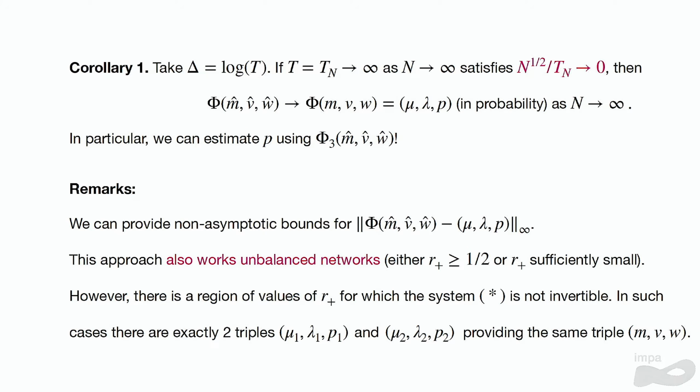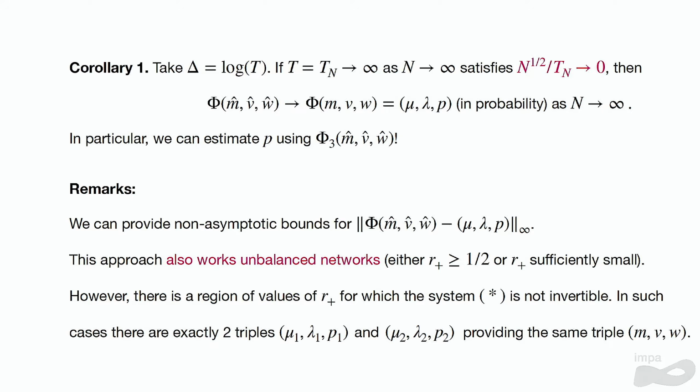And of course, since this function is sufficiently regular, we can also transfer the rate of convergence of the mu hat, v hat, w hat to phi. In the paper we discussed, we show that with the same three estimators it's possible to consider the case where R plus, the asymptotic fraction of excitatory vertices of my network, is at least larger than 1/2, or can also be very small.